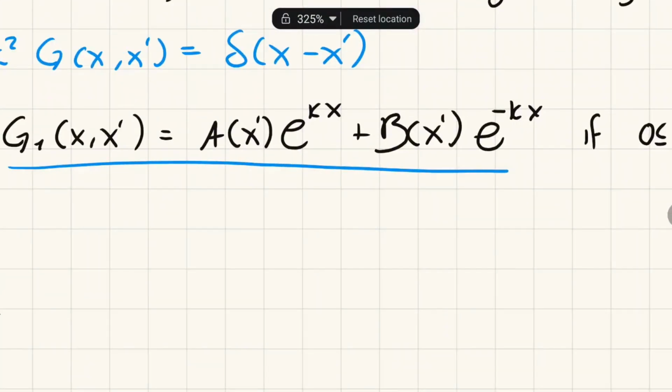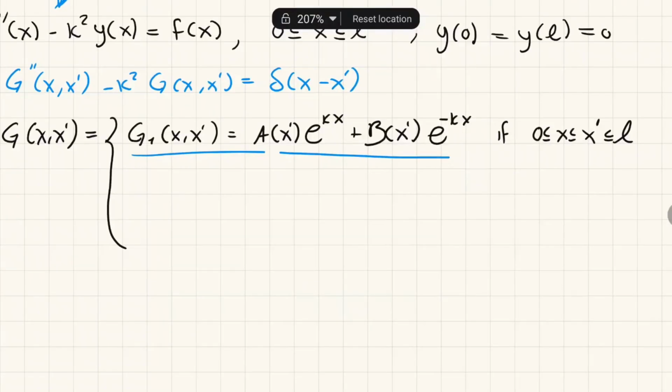You know that in that case, we usually have some constants here, but looking that we are working with a two-variable function, we are going to consider that constant as a function of the x prime, right? So it can be a number, maybe just a constant, but in this case, just to generalize, we are using a function of the variable x prime.